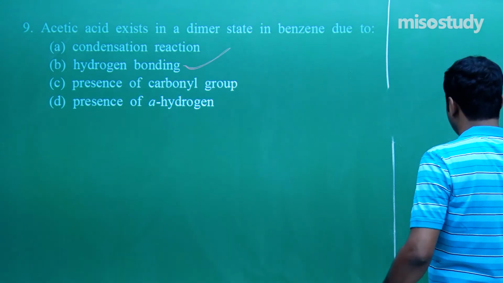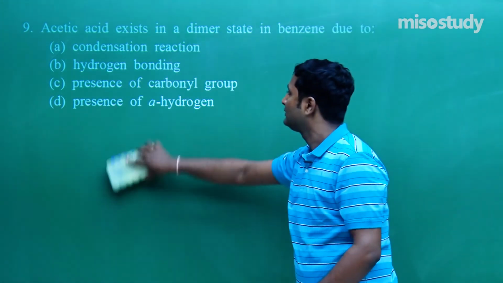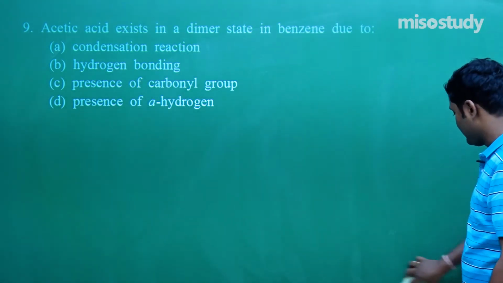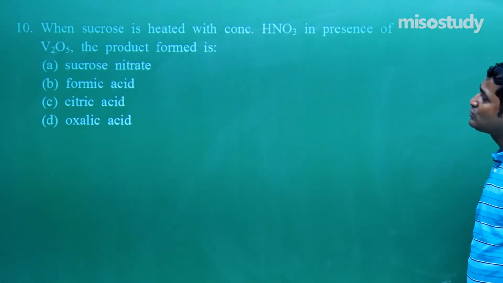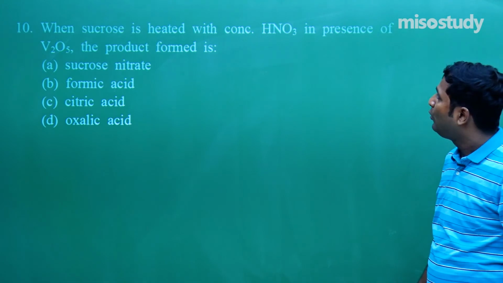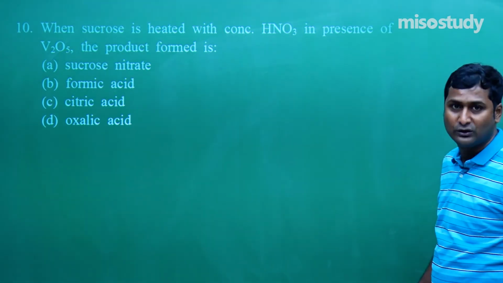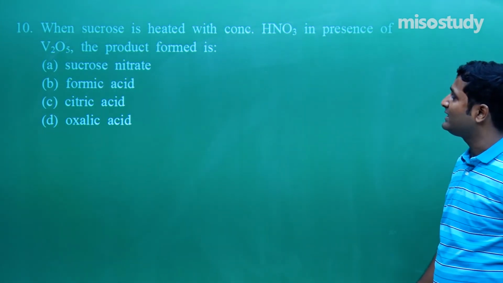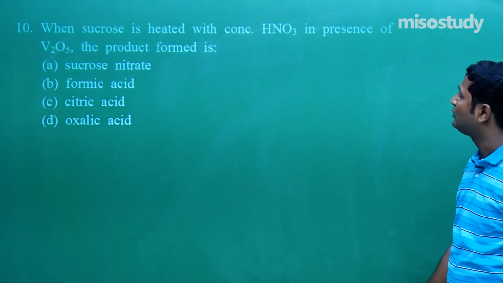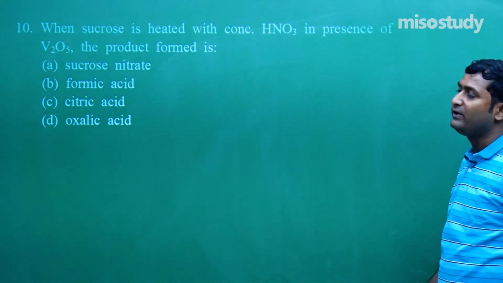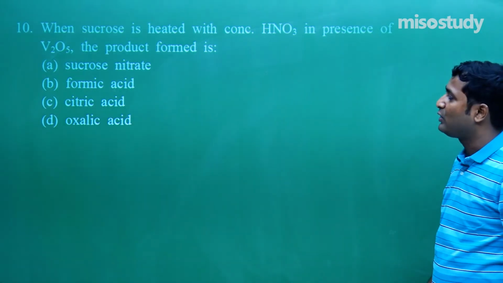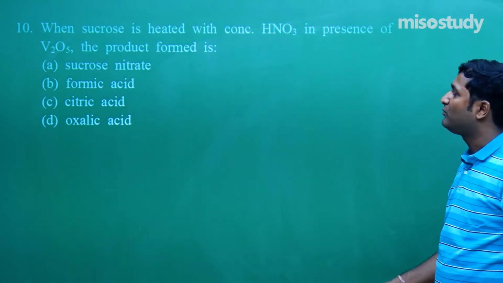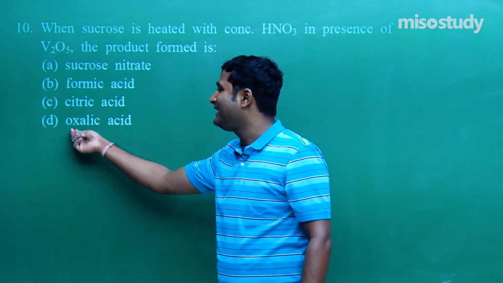What will happen? Check it out. Now the next one is question number 10. When sucrose is heated with concentrated HNO3 in presence of V2O5, the product formed is very simple. You have to memorize, that is oxalic acid.